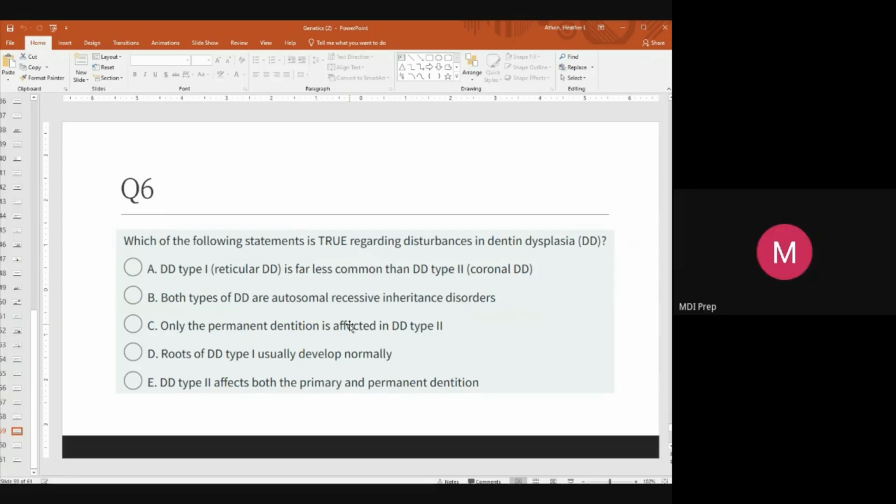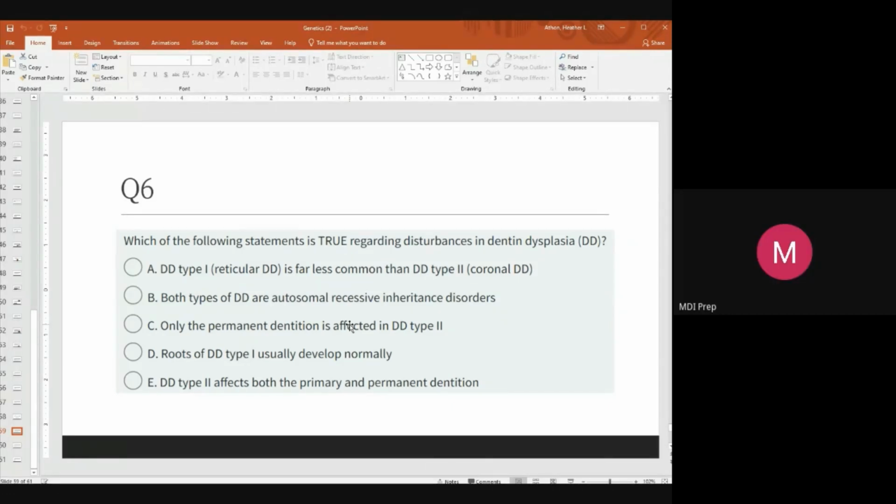They can have the chevron pulps. Yeah, I remember the chevron pulp. Okay. So type 1 is far less common than DD type 2. This is not the answer, right? Right. So the answer for this one is E.